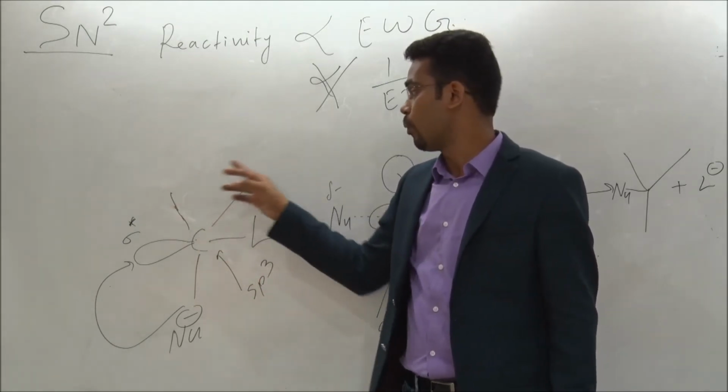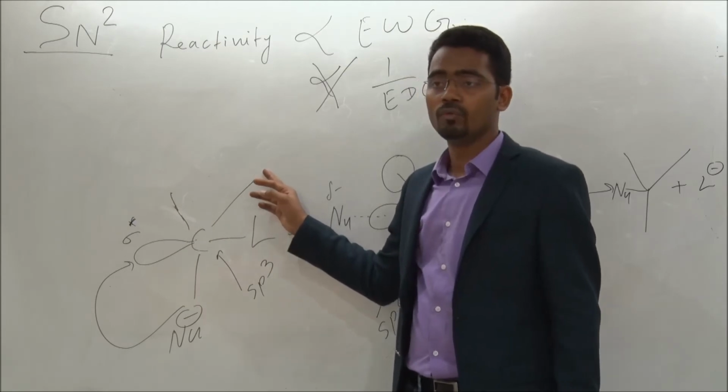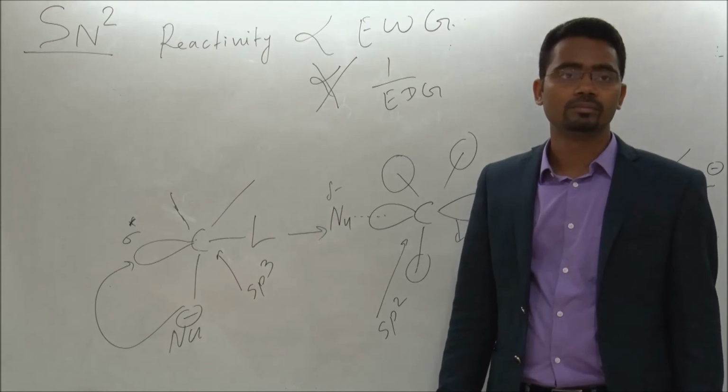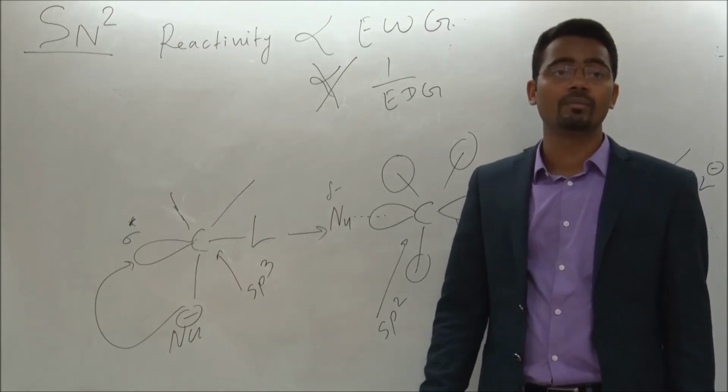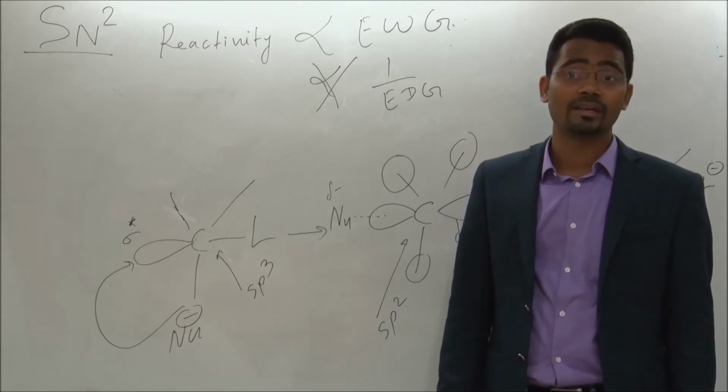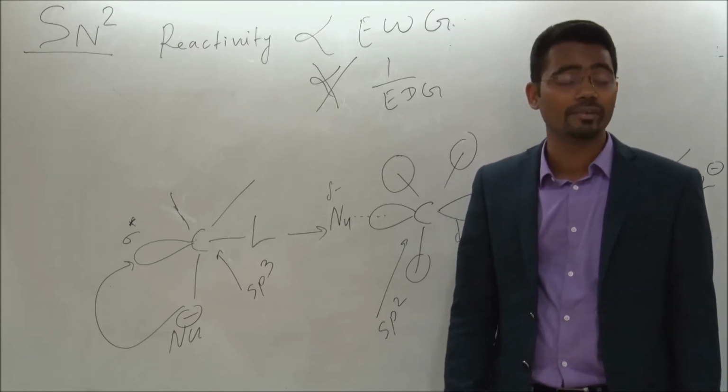So if there is an NO2 group and here is a fluorine group, which will be more reactive? What is the criteria? Minus I effect or minus M effect? Minus I. So this is wrong, it is not the minus I effect.